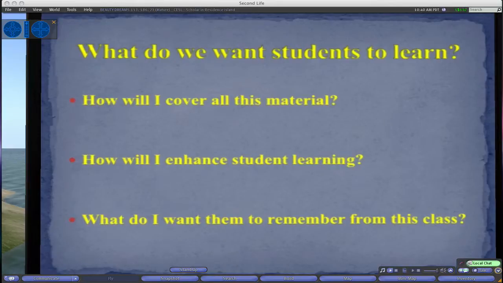So one of the ways that I came up with this, I was thinking about how am I going to enhance student learning one day before I was going to be teaching a career counseling course, and we were learning about theories.